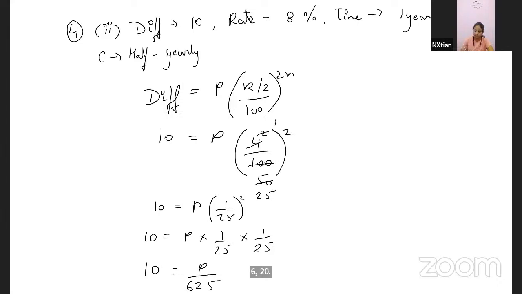Take the reciprocal, that means P equals 625 into 10, so P equals 6,250. Or you can cross multiply: 625 and 10, so P will be 6,250.